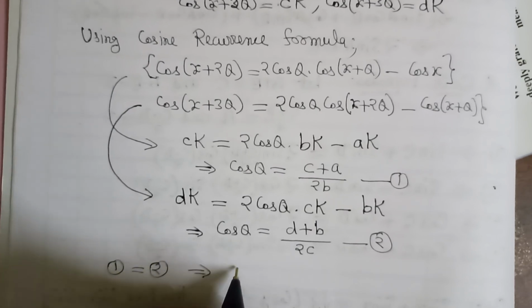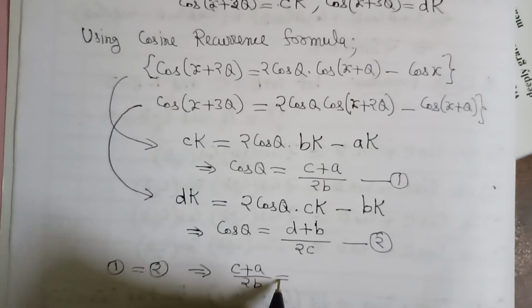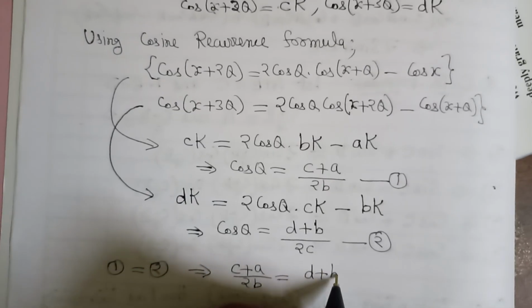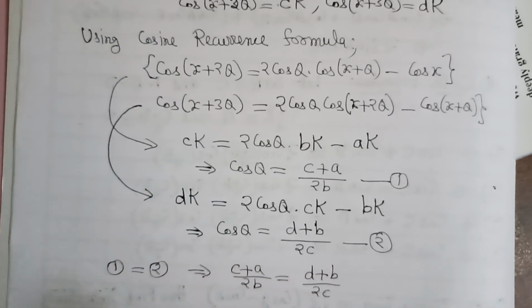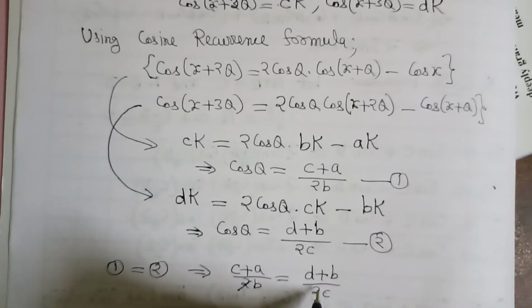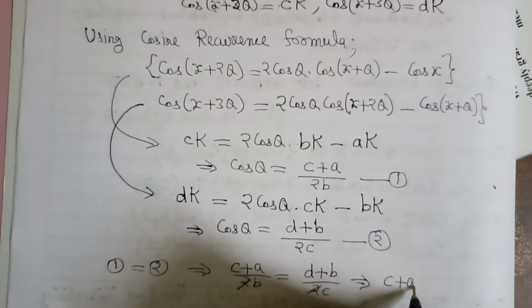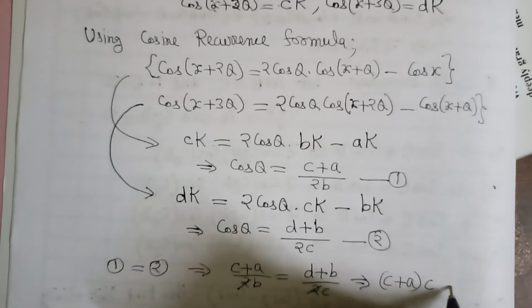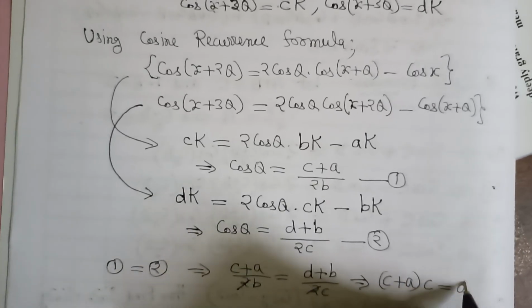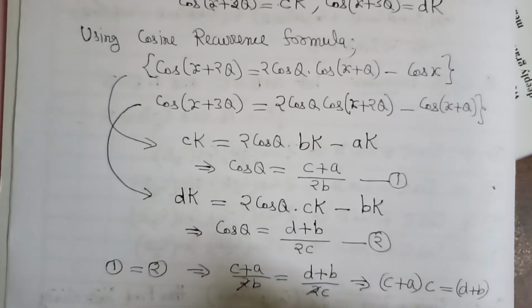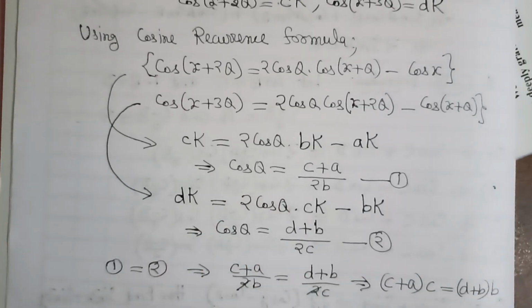This implies (c plus a) divided by 2b is equals to (d plus b) divided by 2c. 2 and 2 cancel, and finally you will get (c plus a) into c is equals to (d plus b) into b.